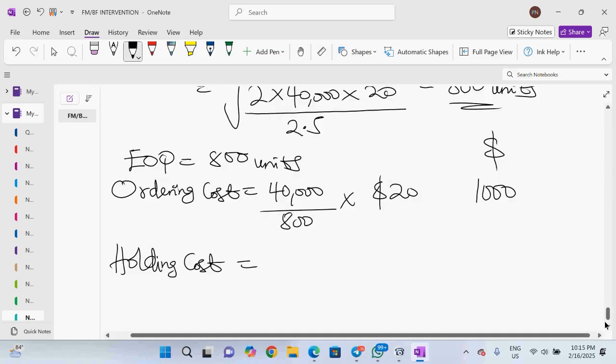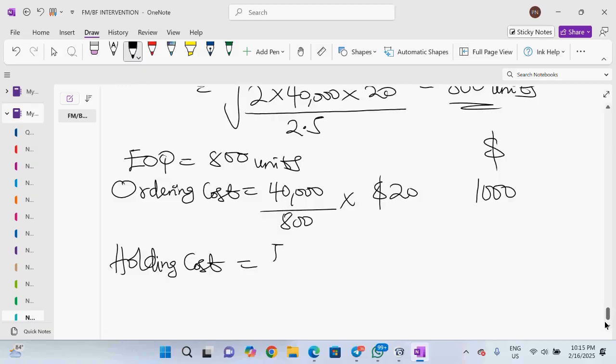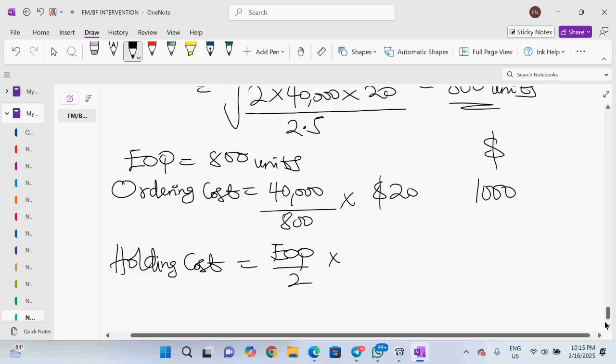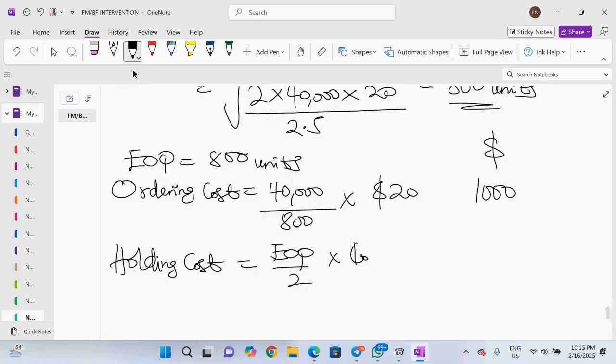Holding cost is Q, which is the EOQ, over 2 times the holding cost per unit. So what do you have?